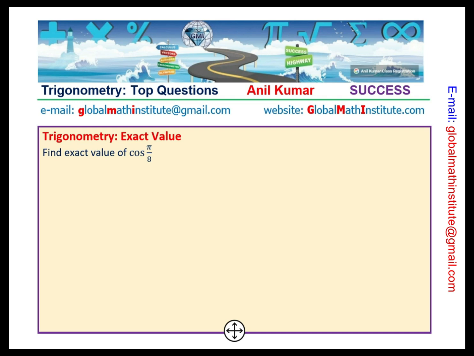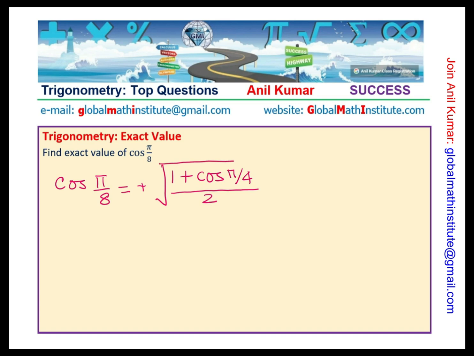So we have cos of pi by 8 equals the positive value of square root of 1 plus cos of pi by 4, over 2. So that gives us the square root of 1 plus square root 2 over 2, everything over 2, right?